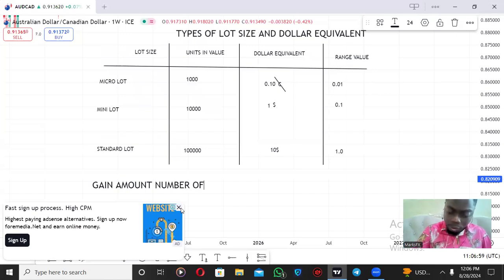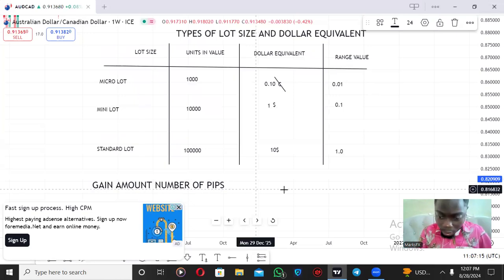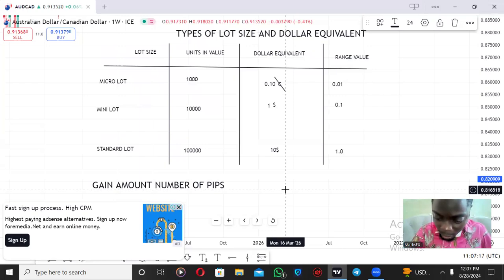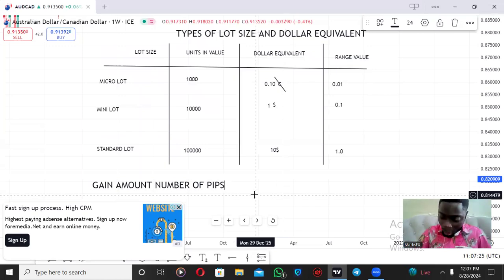Number of pips multiplied by your lot size.